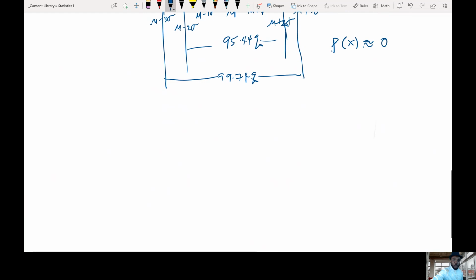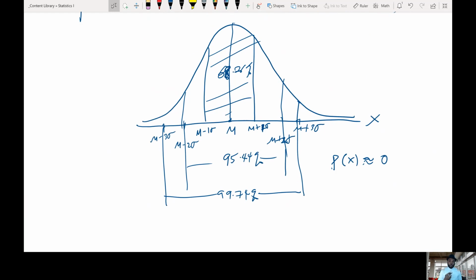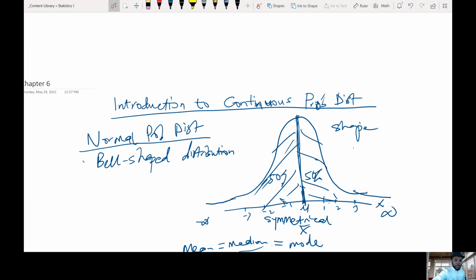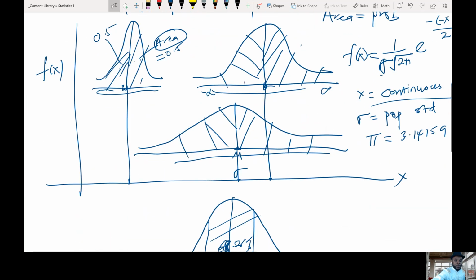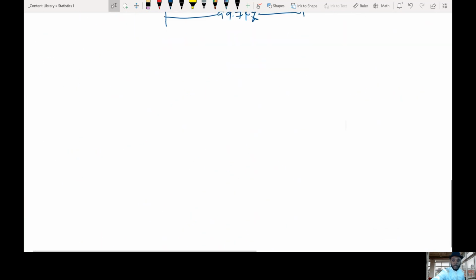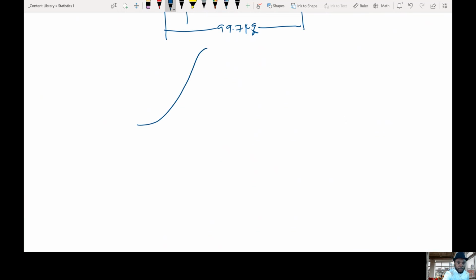In the same way, the probability of x is approximately 0 for any particular x of a continuous random variable. However, the probability for a range of values between, say, x1 and x2 is defined by the area under the curve between those two values.